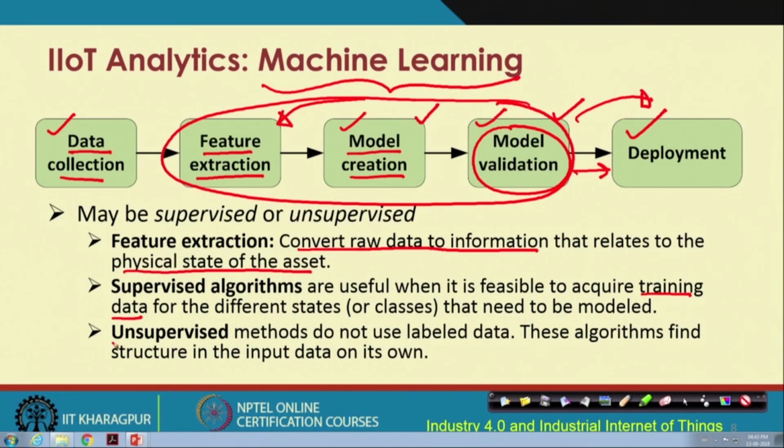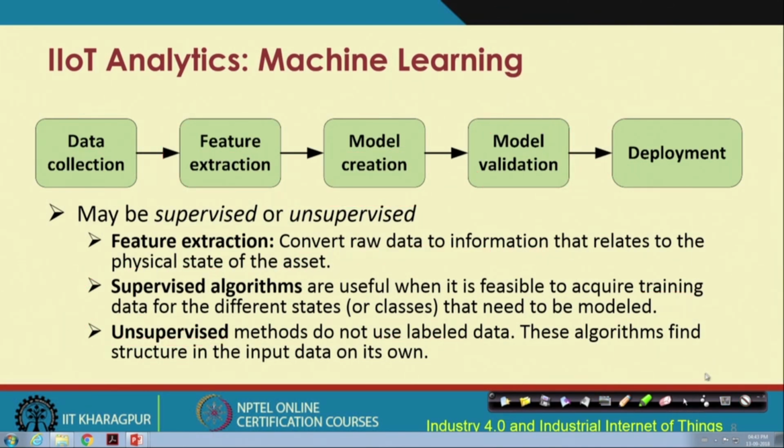If training data is not available and the feature extraction will have to be done in the absence of training data, unsupervised machine learning algorithms are useful. So, there is no labeled data in unsupervised methods, and these unsupervised learning methods extract the structure in the input data on their own. So, this is the main difference between the supervised and the unsupervised learning methods.